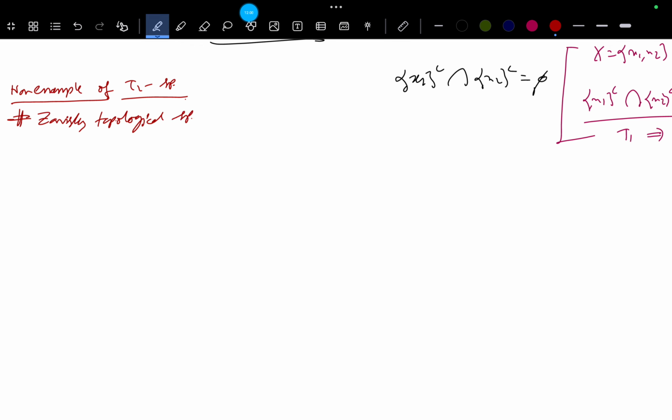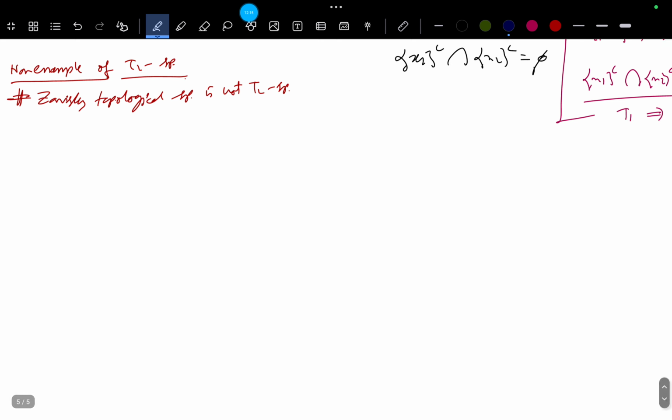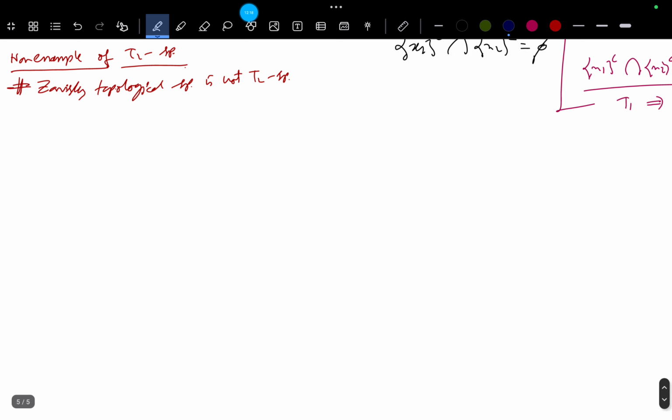This is not a T2 space. If you are familiar with this statement, then it's very good. But if anyone is not familiar with this statement or the Zariski topology, let me briefly give an overview.